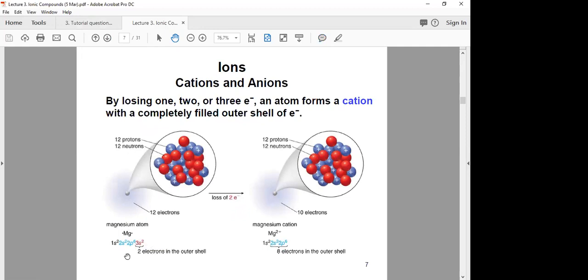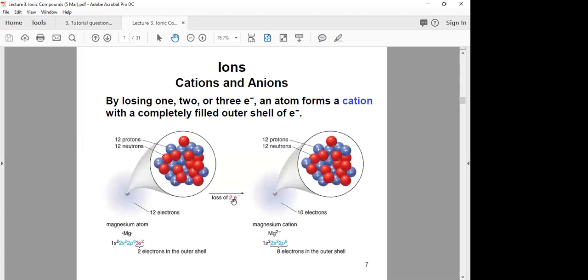And now let's look at the electron configuration of magnesium. So the 12 electrons are placed here. The valence shell, as you can see, is shell number 3, N equals 3. And you can see that there are 2 valence electrons in that outer shell. Once again, we have a very incomplete valence shell with only 2 electrons. It's far easier for magnesium just to get rid of them, to lose those 2 electrons.